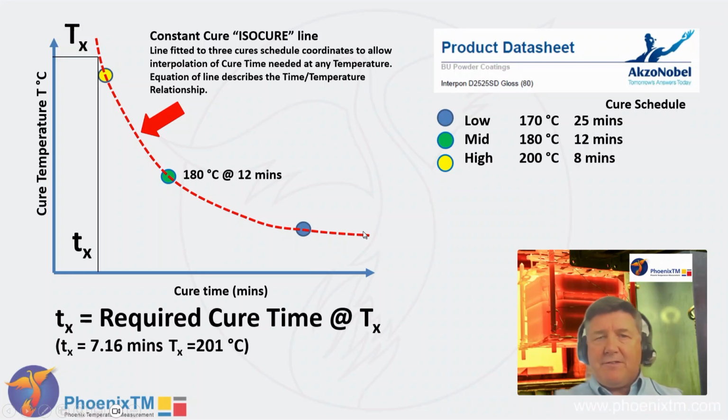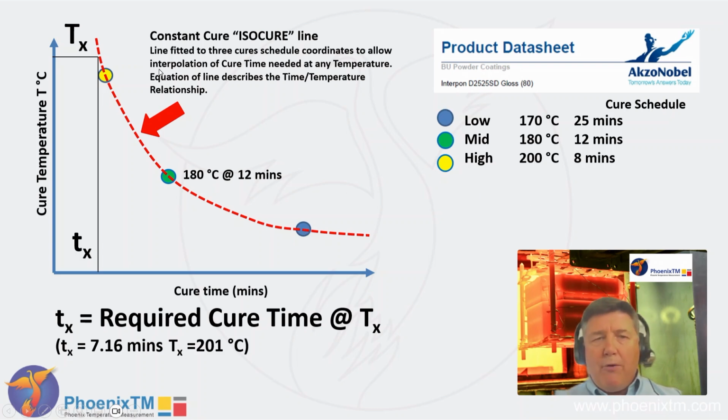This leads us to the use of a calculation from Phoenix temperature measurement that we refer to as the Phoenix factor. And I'll now explain how that works in principle. On the first slide, we saw the datasheet for a coating with 3 specific cure schedules: yellow, green, and blue.